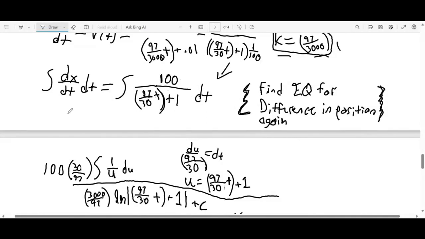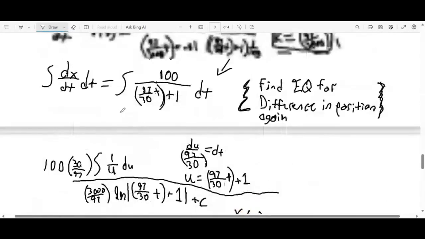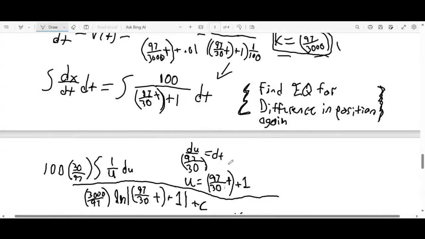You take the 100 out in front of the integral, and then you set your u equal to your denominator, which I did right here, and then I have my du right here. Divide du over the fraction 97 over 30, and take that 97 over 30 outside the expression, and it's going to be the reciprocal.